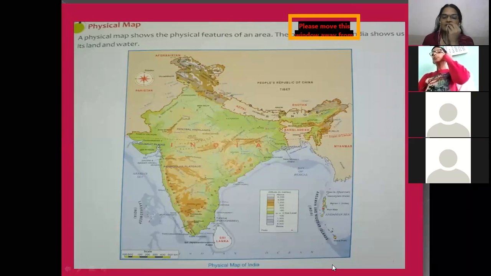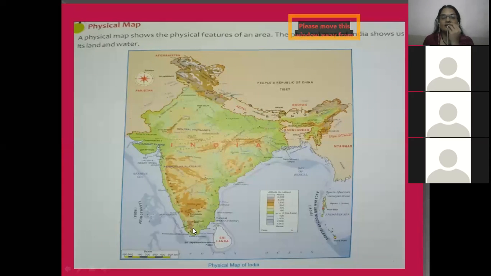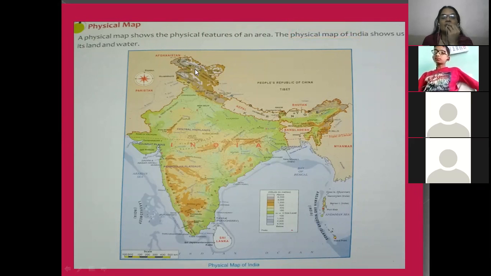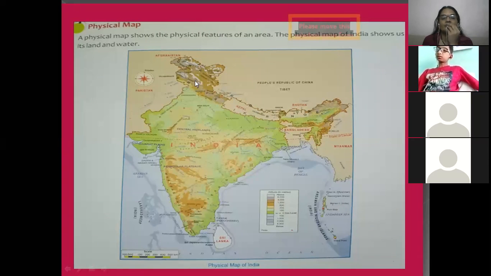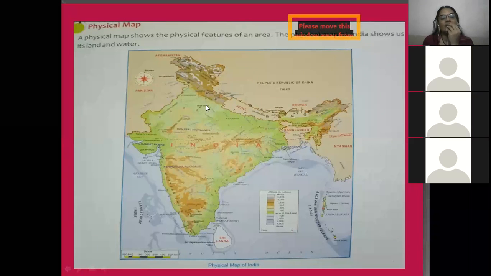In the Bay of Bengal we have the Andaman and Nicobar Islands. Now we come to the bottom, we have the Indian Ocean. And at the top we have the Northern Mountains or the Himalayan Mountains. Here, students, this was about the physical map of India.